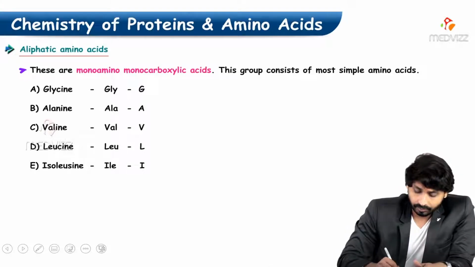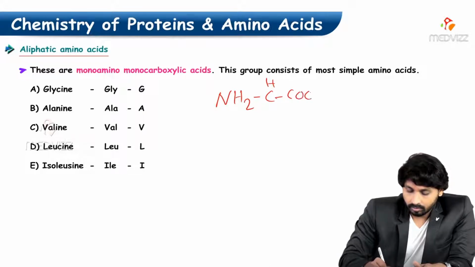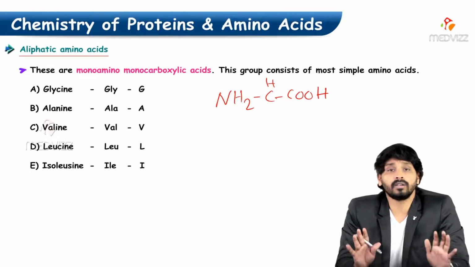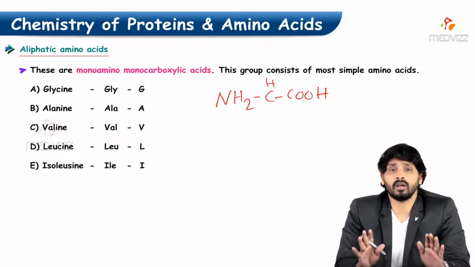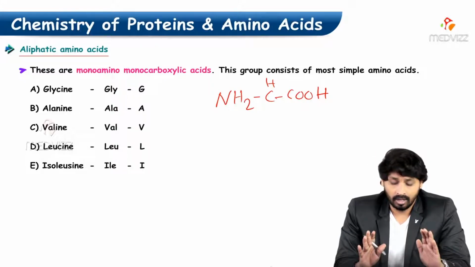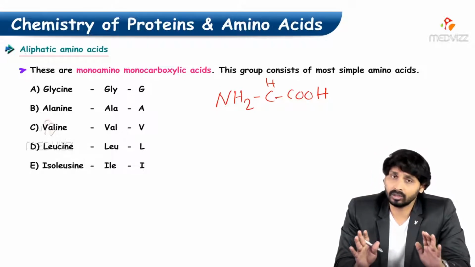You see here, this structure is common for all the amino acids. Remember, for all 20 standard amino acids, this amino group, carboxylic group and hydrogen are common to all 20 amino acids.